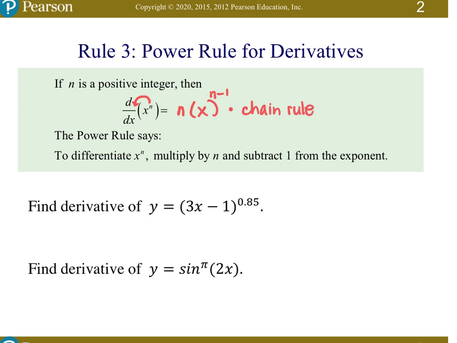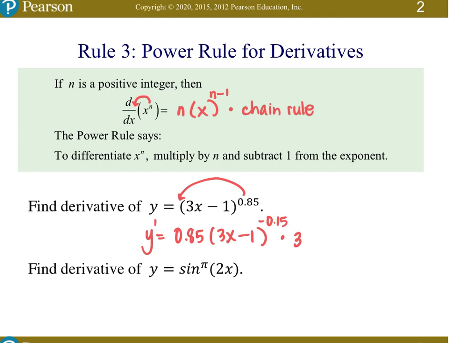And so if we practice that on these problems, we'll see, okay, well, y prime. I pull the power to the front, so 0.85 would go in the front. 3x minus 1 stays on the inside, and then we subtract 1, which gives us a negative power, negative 0.15. And then we multiply this by the chain rule of the inside, which would be 3.